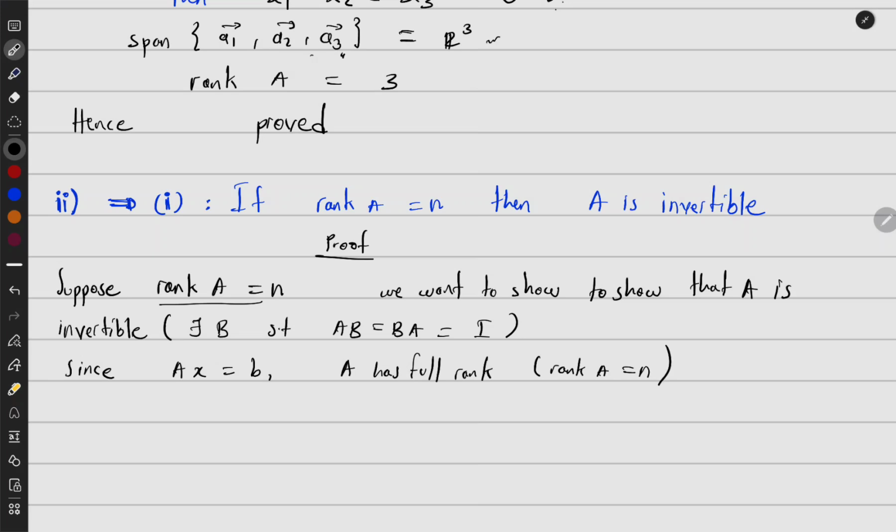So from the previous result, this implies that the span of each of the columns, from, let's say, 1 up to n, of each of the columns in A, must give you the span of Rn, just like we have just done.